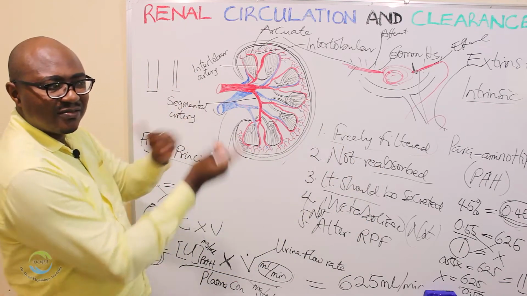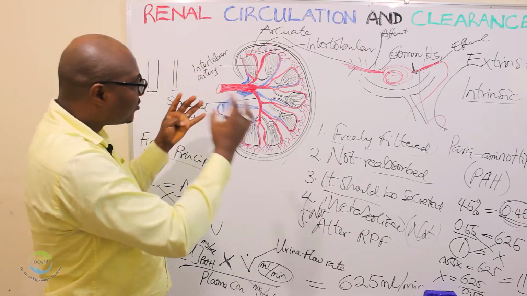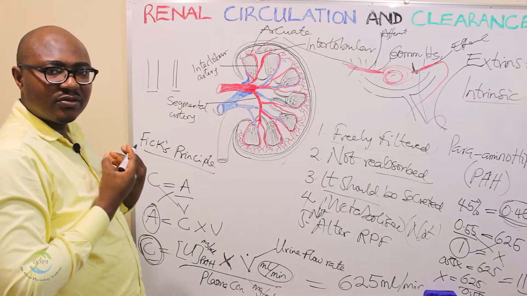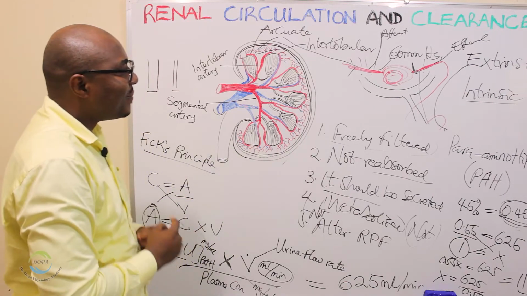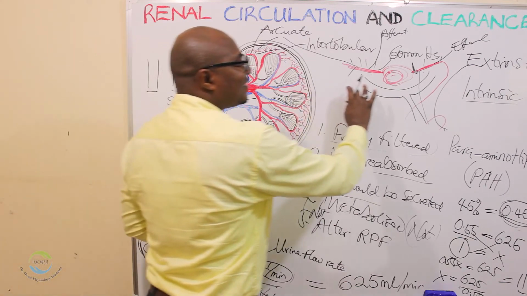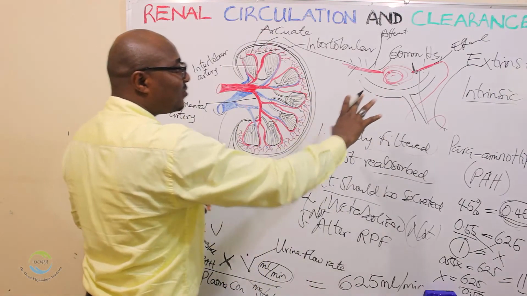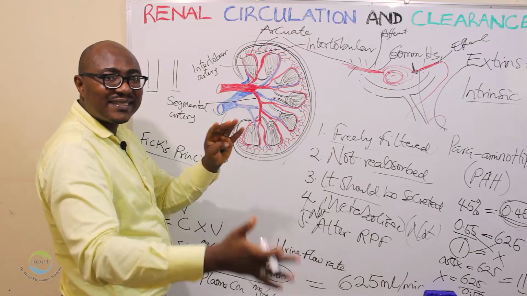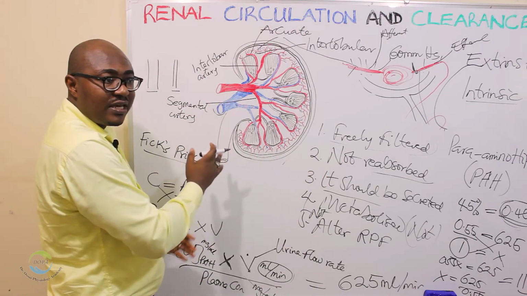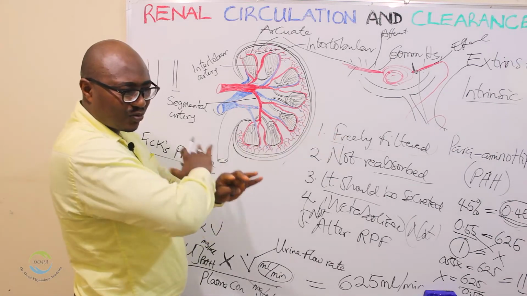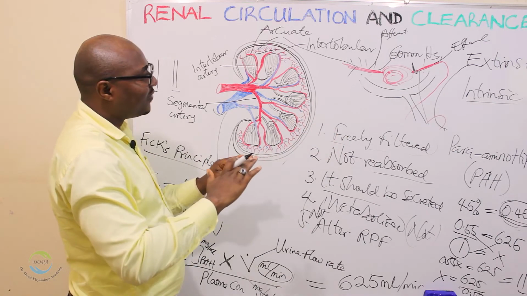Another thing, we said much earlier about the intrinsic and extrinsic regulation. That means for you to have consistency. Remember that this regulation is preventing instability, from 80 to 180. It controls it at that level.